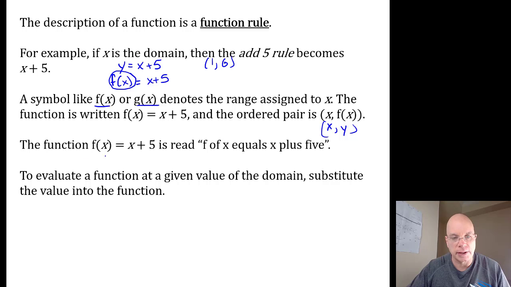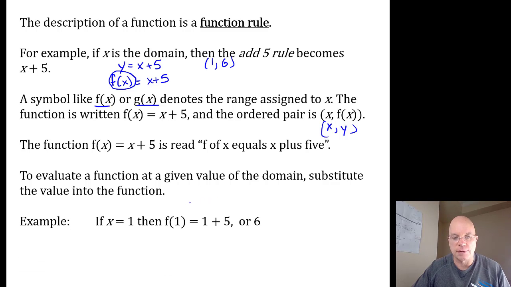I did that intentionally. So the function f of x equals x plus 5 is read just the way I just did. f of x, the function in terms of x, f of x equals x plus 5. And to evaluate the function at a given value of the domain, just substitute the value of the input, the domain value, into the function.